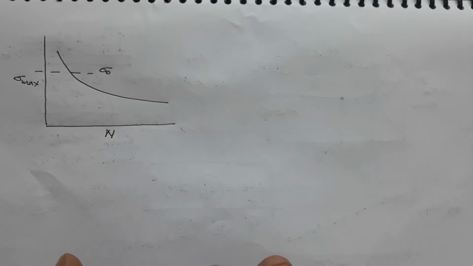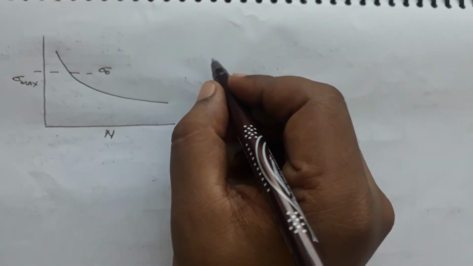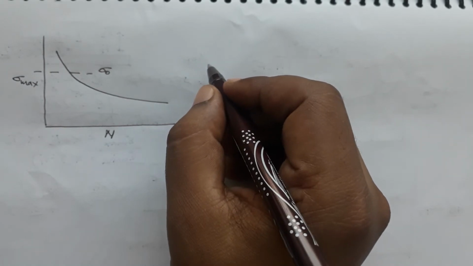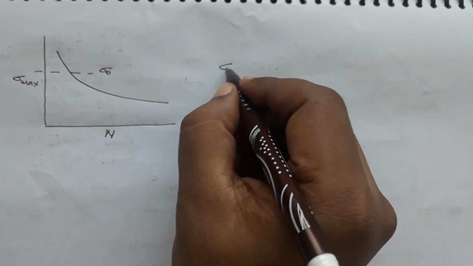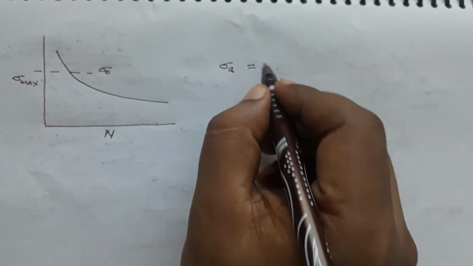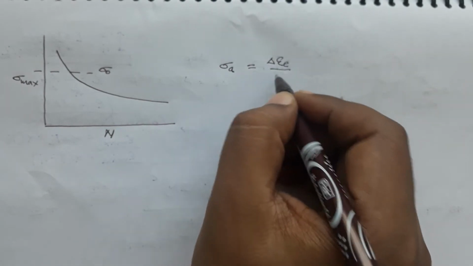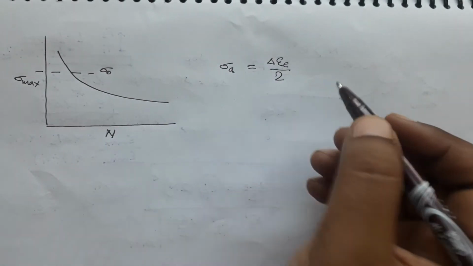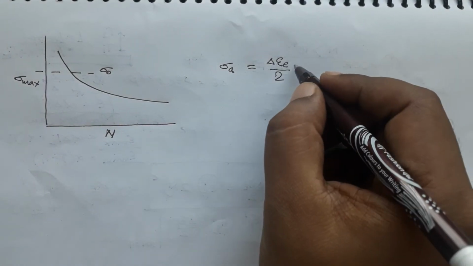When we have such deformation in high cycle fatigue, then instead of relating the plastic strain amplitude, which we did in the low cycle fatigue case, we relate the amplitude of the stress sigma A, which can be written as the amplitude of the elastic strain times E. The range of the elastic strain, delta epsilon E, divided by 2 will be the amplitude of elastic strain.